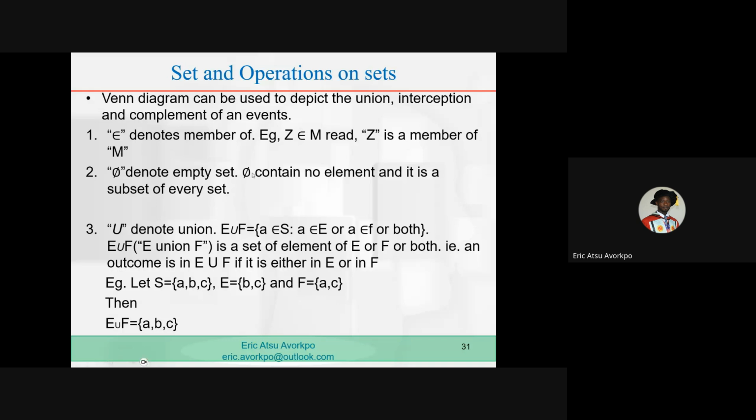When we have that, we can refer to them as the union of these two classes.